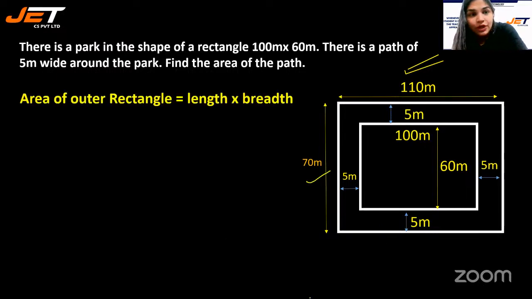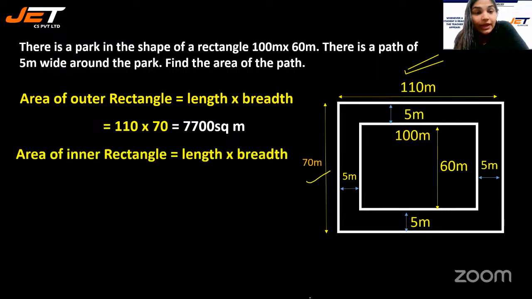Now, moving on to the area of the outer rectangle. Area, you know, is length times its width. So, 110 times 70 is 7,700 square meters. Area of the inner rectangle is length times width again, 100 times 60, which is equal to 6,000 square meters.